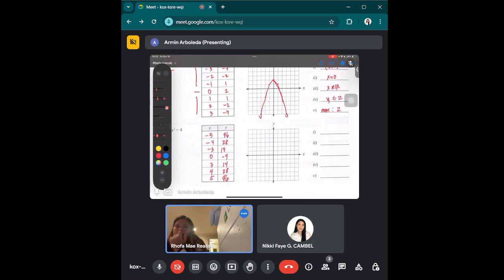1, 2, 3. Kahit yung 14 nga, mas malaki pa rin yun eh. 33.